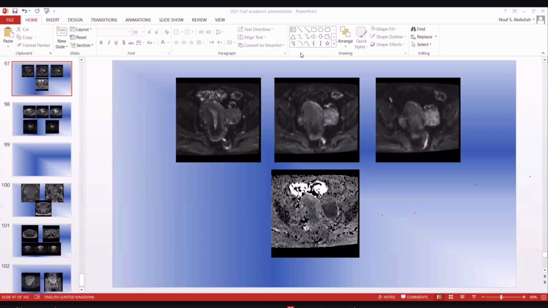We do staging with MRI just to help them know exactly what the stage is in cases of stratification. As I told you before, if the patient has multiple comorbidities and they don't want to do a lymph node dissection, if I tell them it is stage 1A, then it means that this patient doesn't necessarily need to go for lymph node dissection.